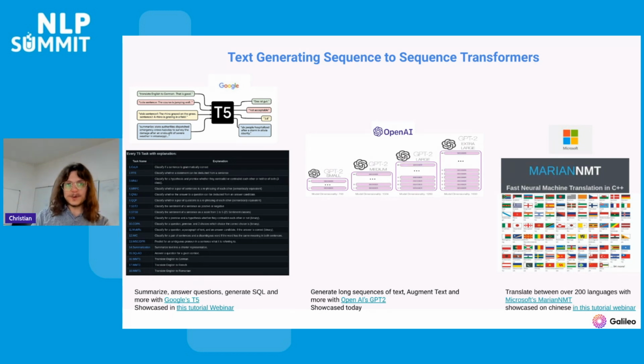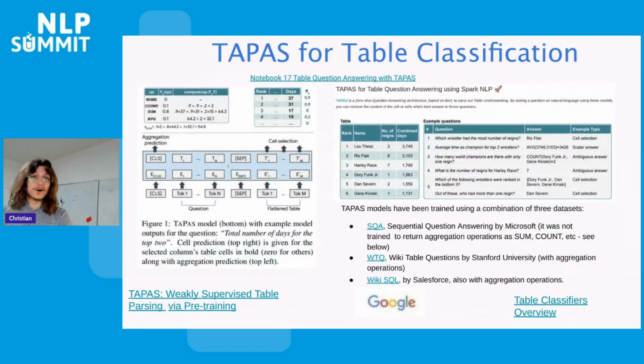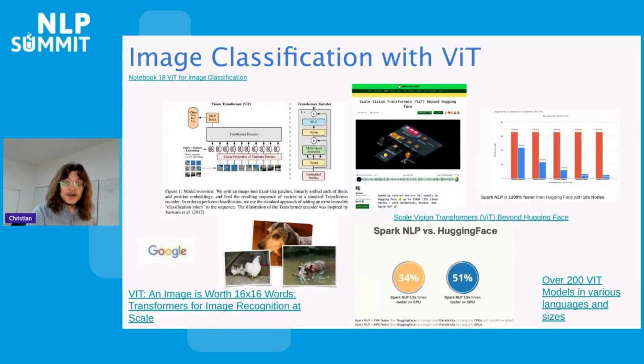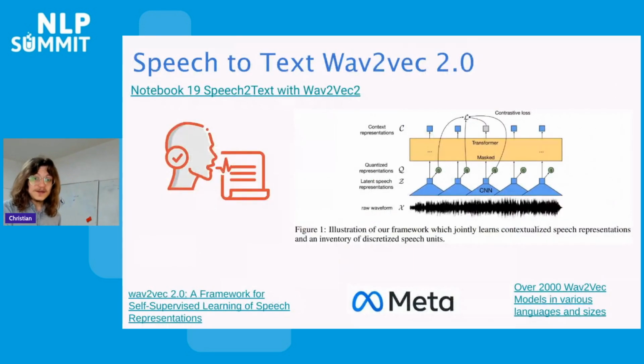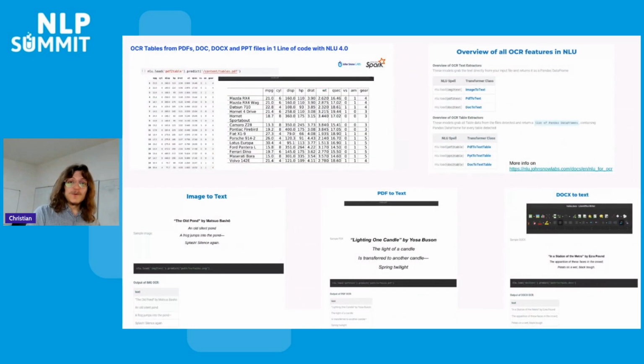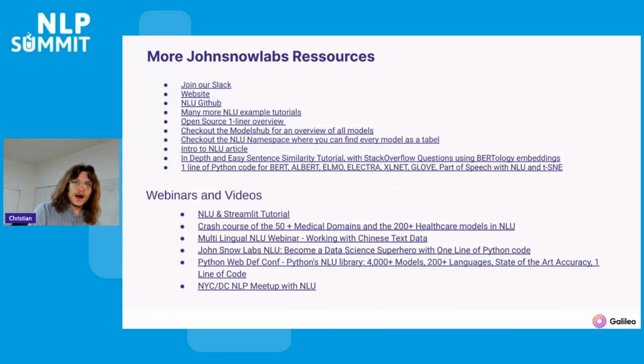In just one line of code, you can explore text generation with large LLMs, or even table question answering with the Tapas architecture, image classification with ViT, speech to text with Wav2Vec, and even with the OCR library, you can extract the text from tables, or even extract text from images, PDFs, docs, docx files, and many, many more. For more, check out these resources.